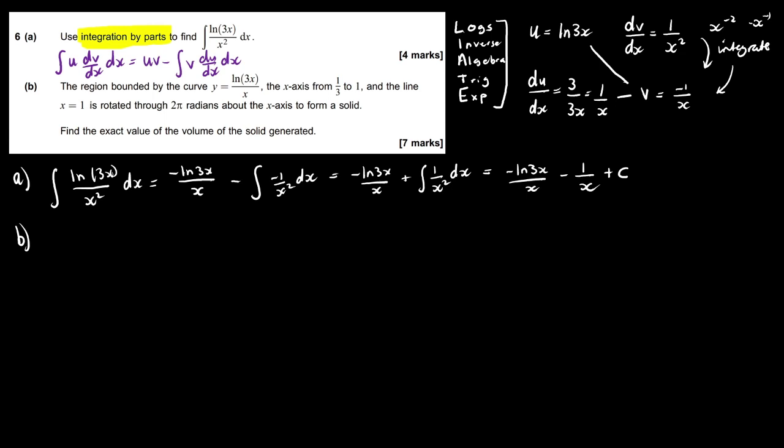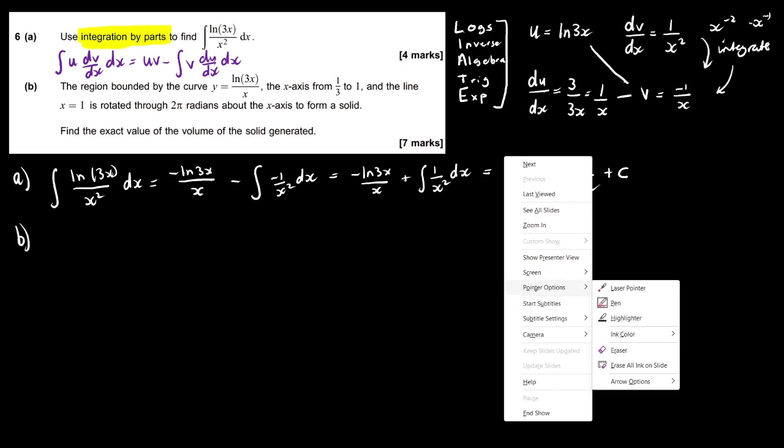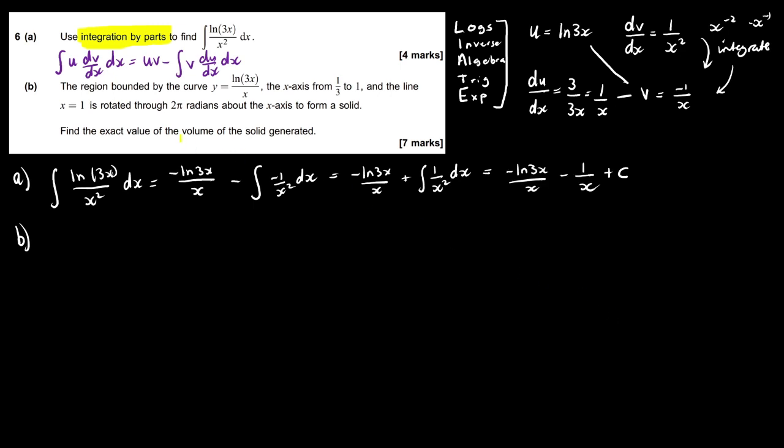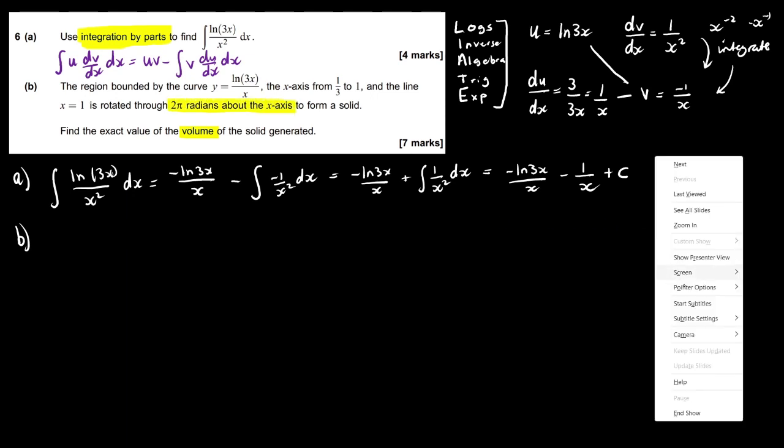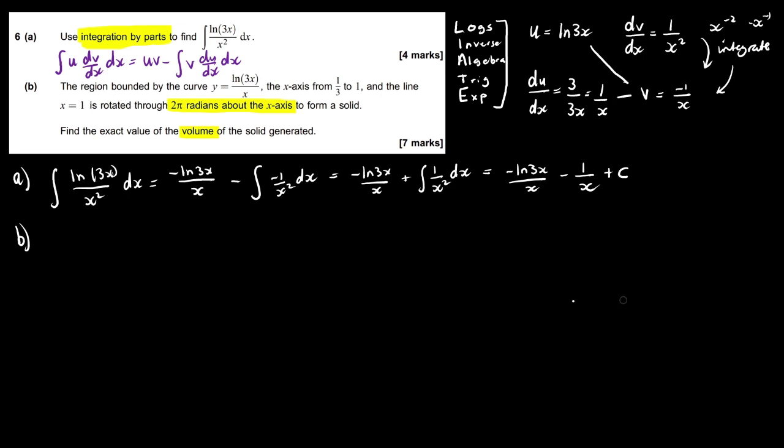We now need to see what we've got here for part B. We've got a volume of revolution question, because we're talking about the volume of a solid when it's been rotated 2 pi radians about the x-axis. When something is rotated about the x-axis, we know that our formula is pi times the integral between the limits of y squared dx.